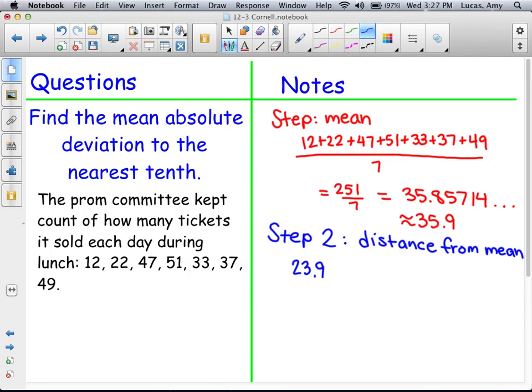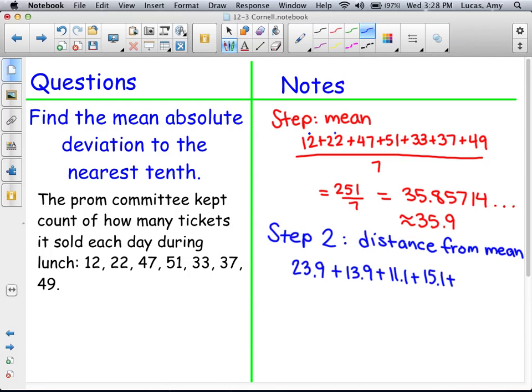My next number is 22, so 22 is 13.9 units away. My next number is 47, and when you're subtracting these, I always start by subtracting with the larger number because distance has to be positive. So it doesn't matter if the distance is on the right or on the left. 51 minus 35.9 is 15.1.